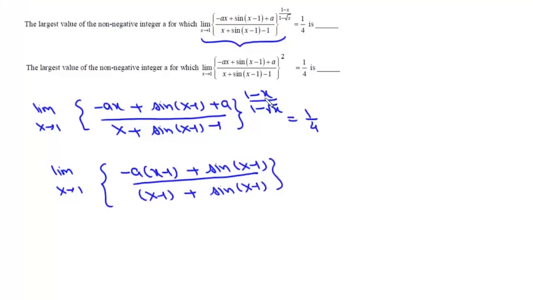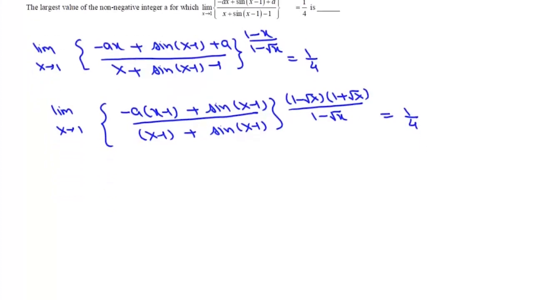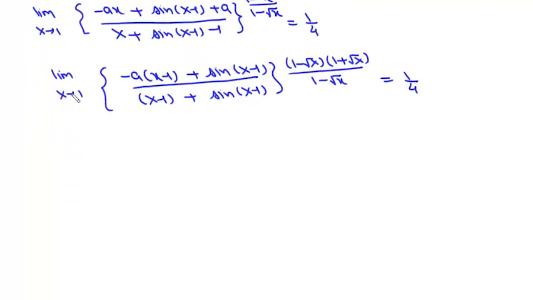And the exponent numerator we'll write as a squared minus b squared, so we'll write this as 1 minus under root x, 1 plus under root x, divided by 1 minus under root x, and it is equal to 1 by 4. Now since x tends to 1 and x is not equal to 1, within the bracket we'll divide everything by x minus 1, and in the power we'll cancel 1 minus root x.